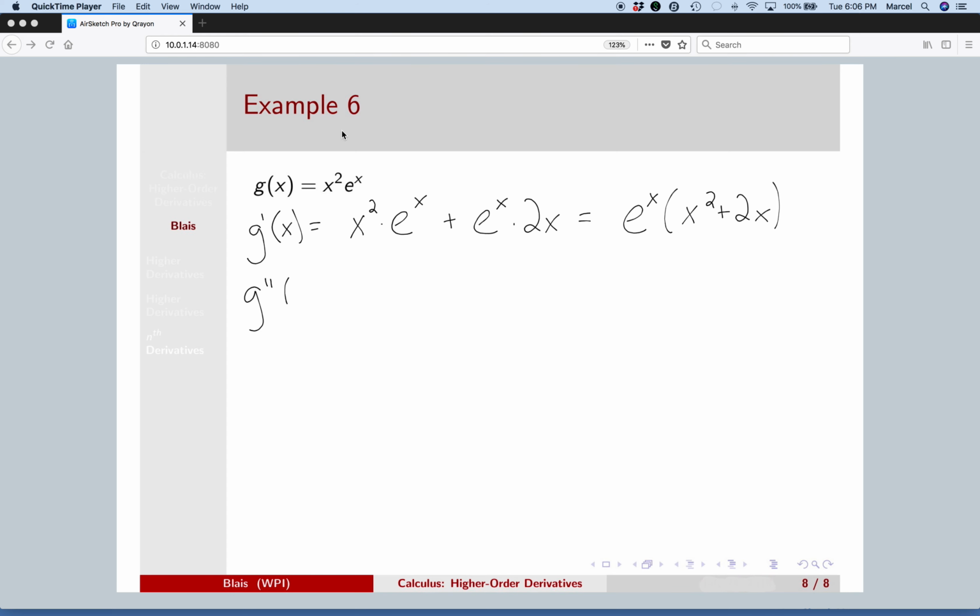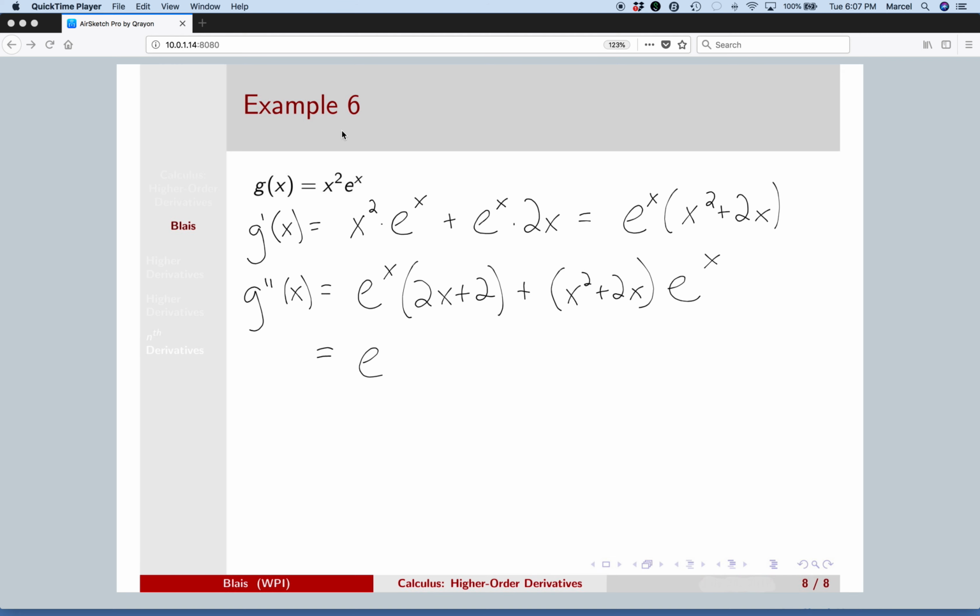So when we start going for higher derivatives, here, product rule again. First, e to the x times the derivative of the second, 2x plus 2. Plus the second, x squared plus 2x, times the derivative of the first, e to the x.